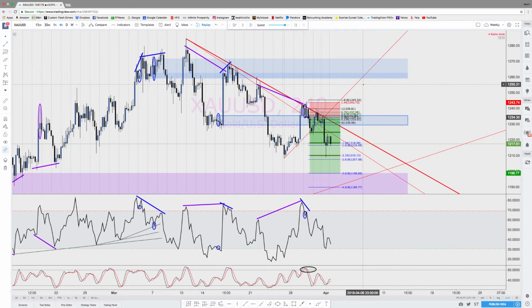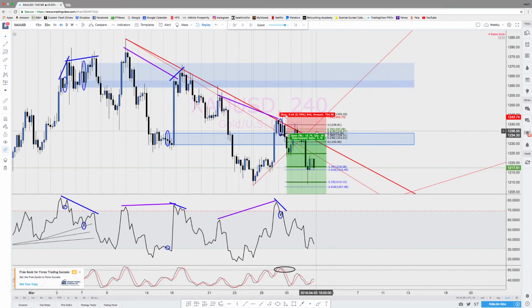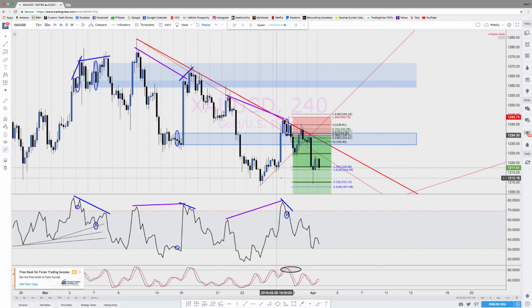Okay, whoa, for some reason I couldn't stop the chart, but we can see that we hit our take profit 1, TP2 is hit, TP3 is hit. We made about $30 in this trade. Actually, we made more than that.